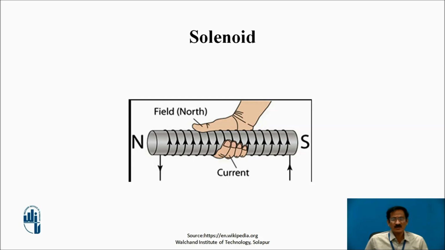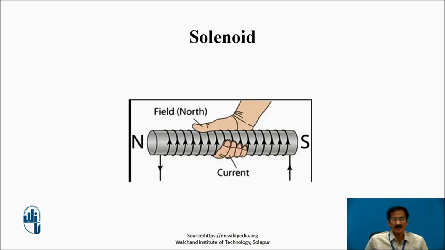The difference between the straight long conductor and the solenoid is that the magnetic field induced is greater than the magnetic field induced in the straight long conductor. That's why we are using the solenoid arrangement. So in this way, with the application of an electric field, a magnetic field is induced.